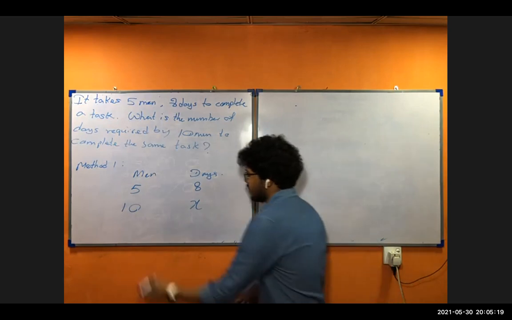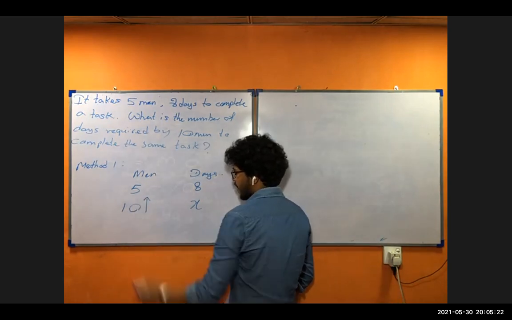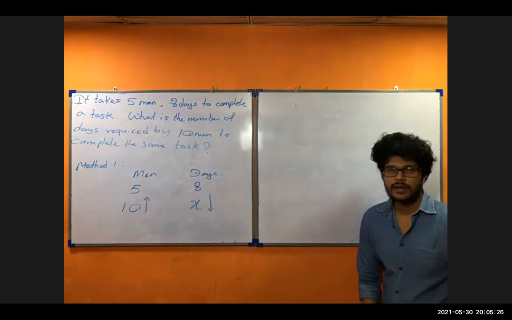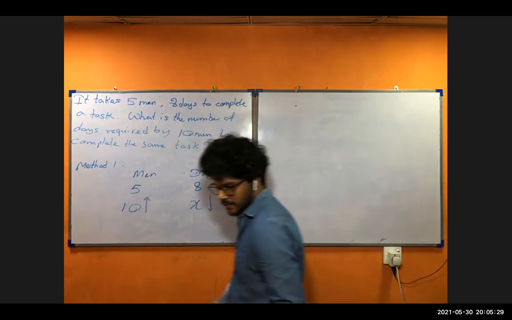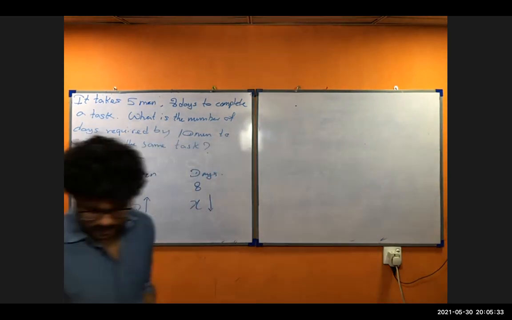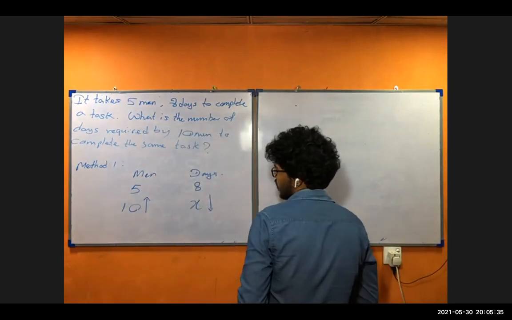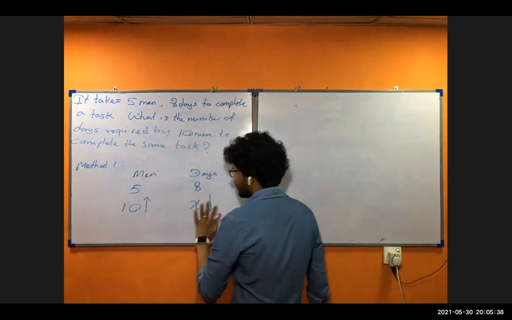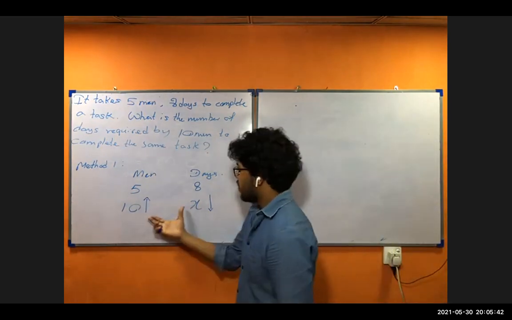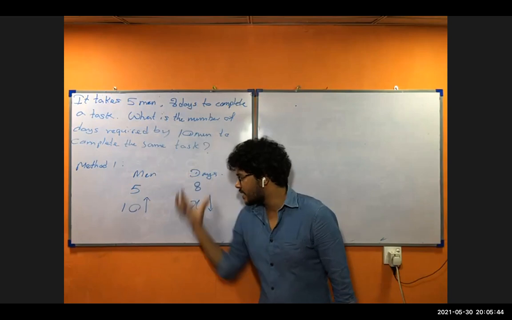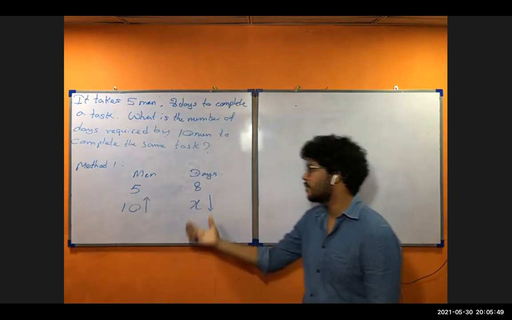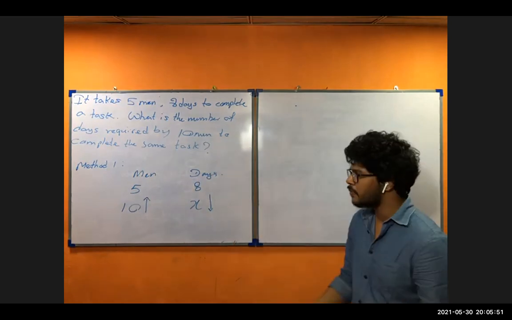So when the number of men increases, the number of days will decrease. This is inverse proportion, because when one quantity is increasing, the other is decreasing. When the number of men decreases, the number of days increases. So this is inversely proportional.